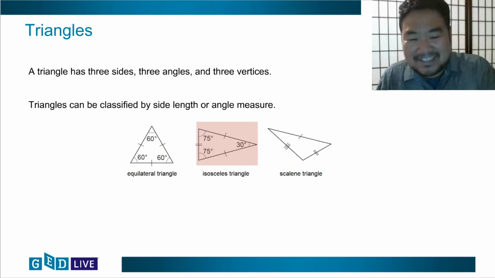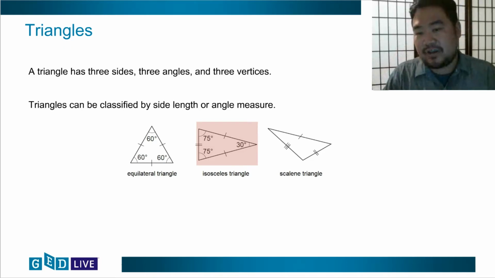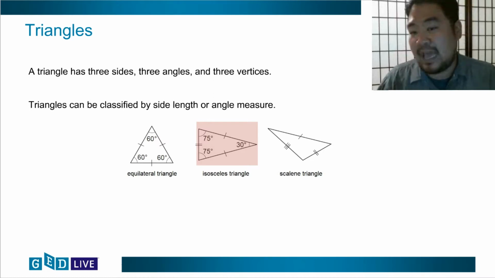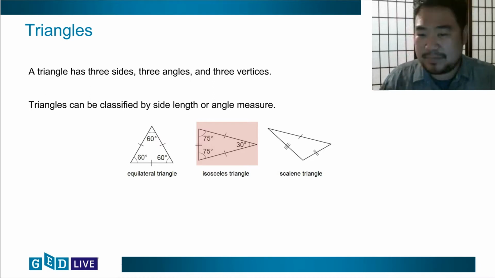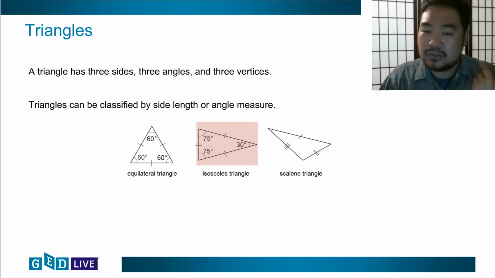But it certainly looks like candy corn. Only two sides are the same. So an isosceles triangle means two sides of the triangle are going to be the same. So the angles don't have to be the same. But again, notice how all three angles will add up to 180 degrees. It's just an isosceles triangle, two sides the same.